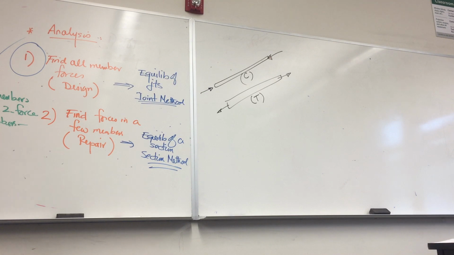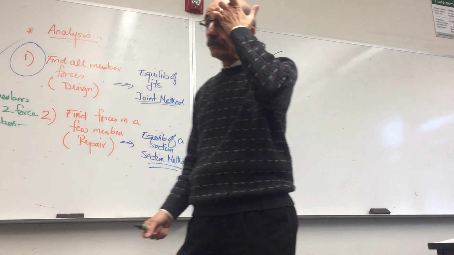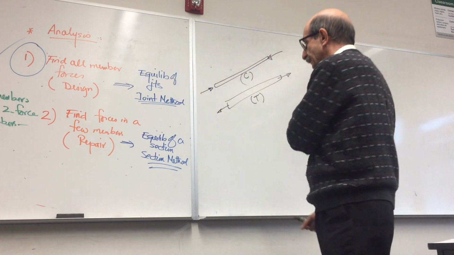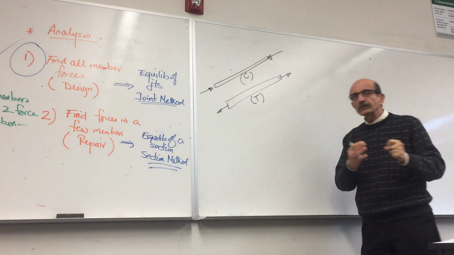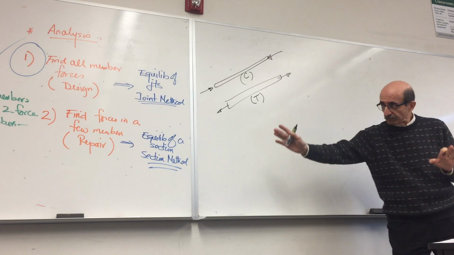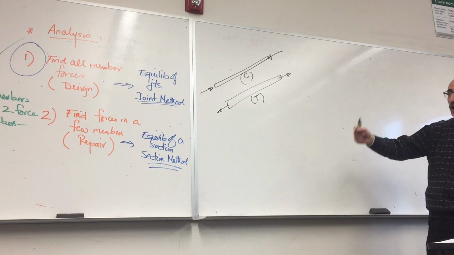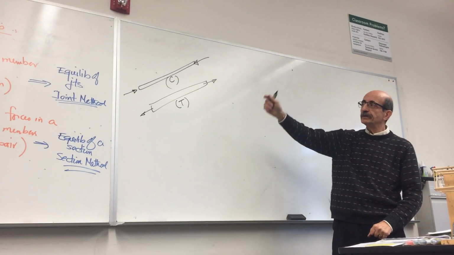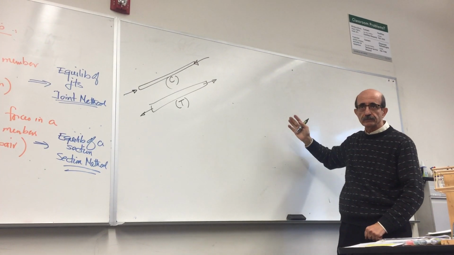What is this concept that we are going to be focusing on, and it is very important in truss analysis? As I said, in analysis of trusses, as you will see, we will start with looking at the free body diagram or the equilibrium of every single joint.